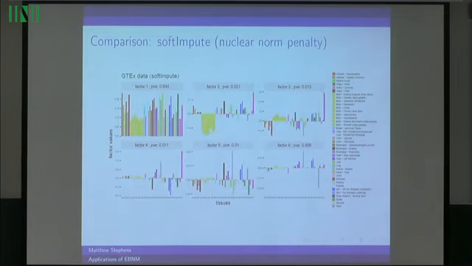And just to show you how the sparsity helps interpretation, this is a different matrix factorization method that uses a nuclear norm penalty to get a low rank approximation. So it's getting a low rank approximation, but it's not looking for sparsity.